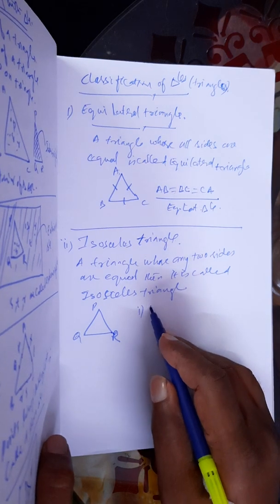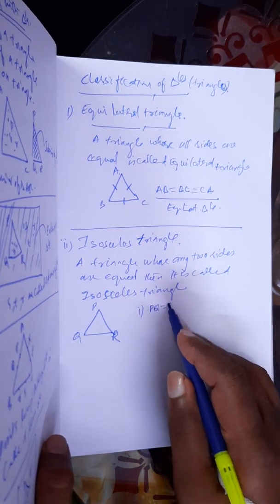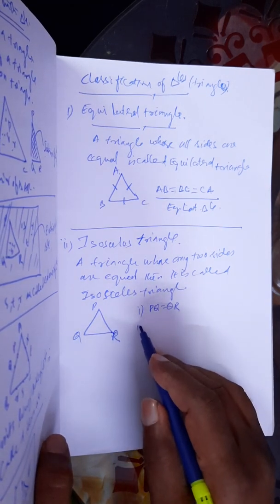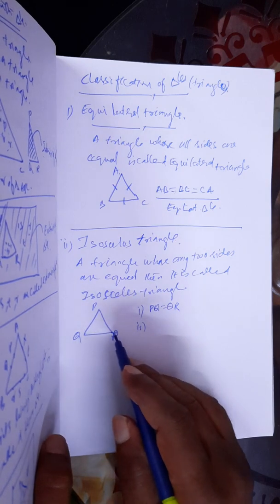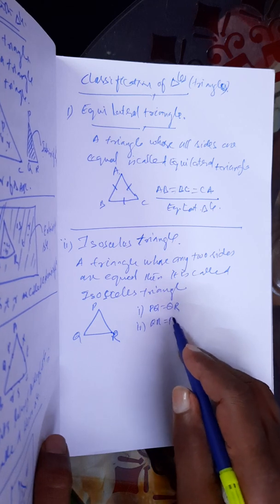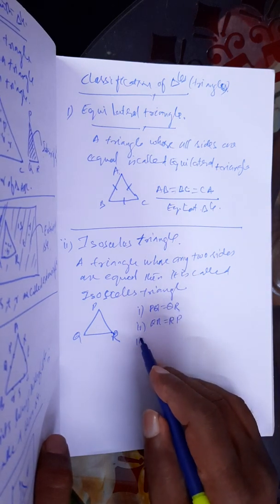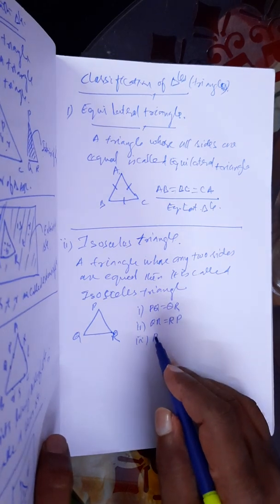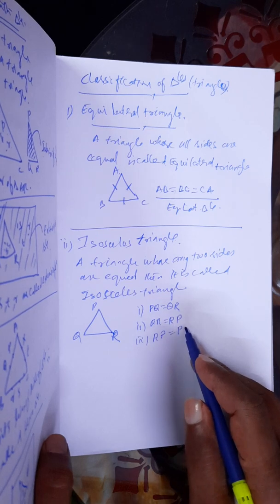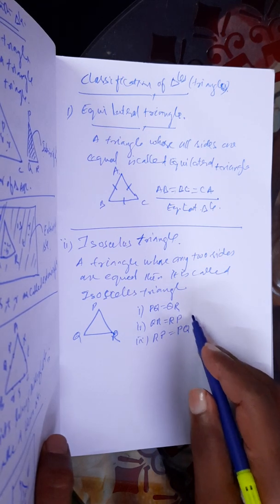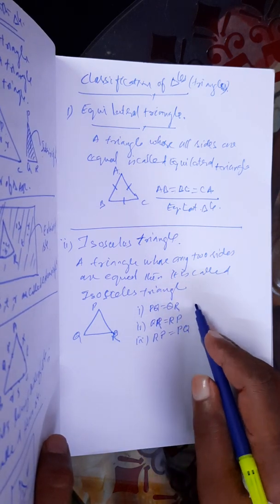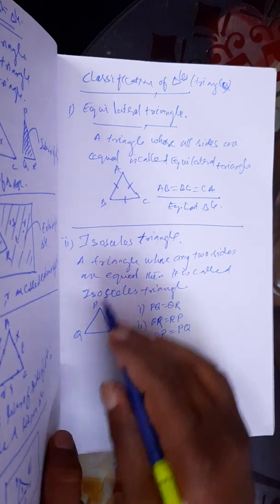PQ equal to QR but the other is not equal, or second condition, QR equal to RP, or third condition, RP equal to PQ but the third is not.